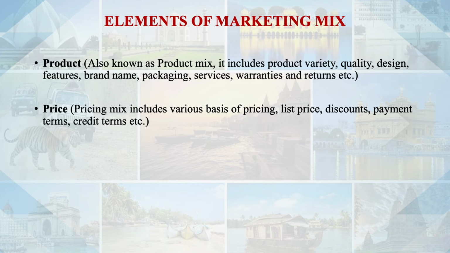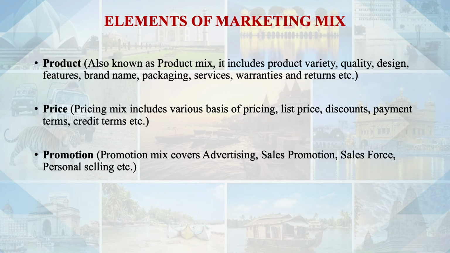Then next is price. There can be various bases for pricing: a separate list price, discounts, payment terms, and credit terms that decide the pricing mix. The next element is promotion.